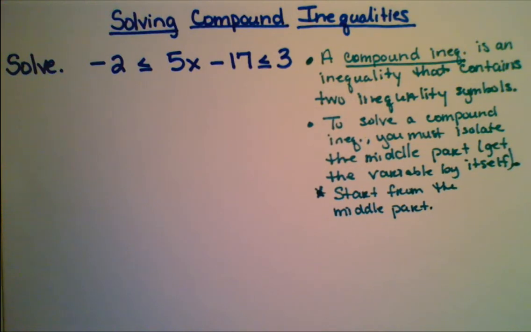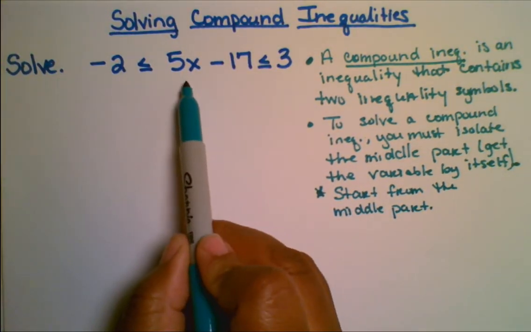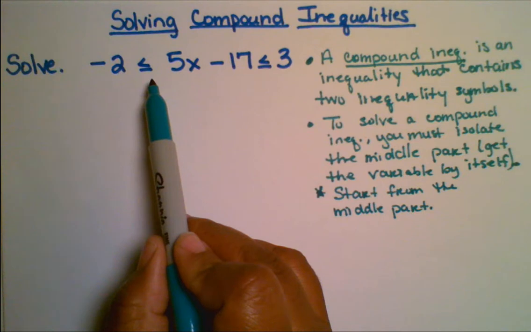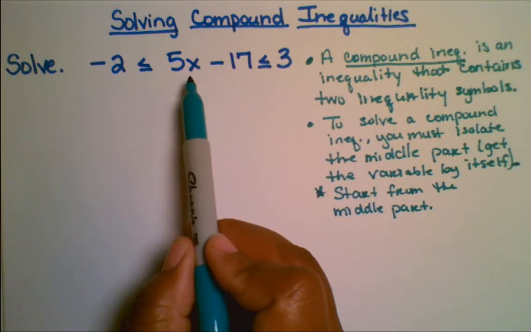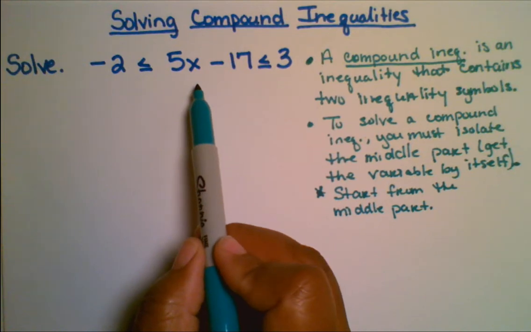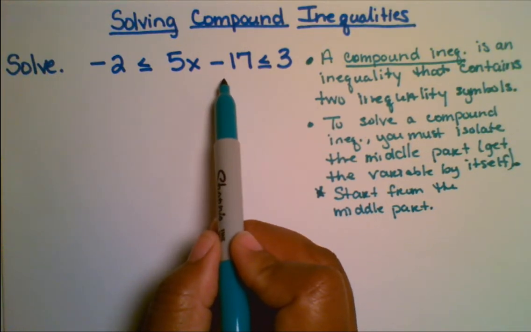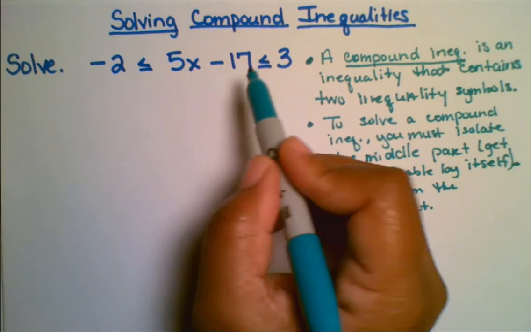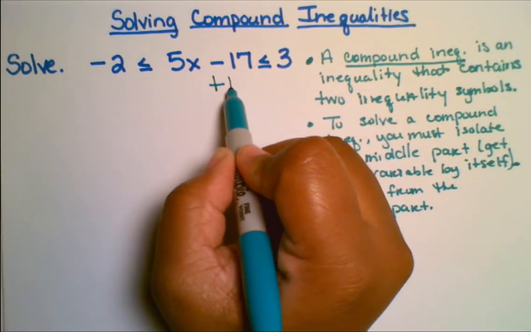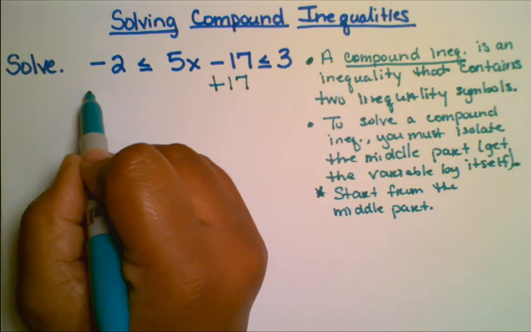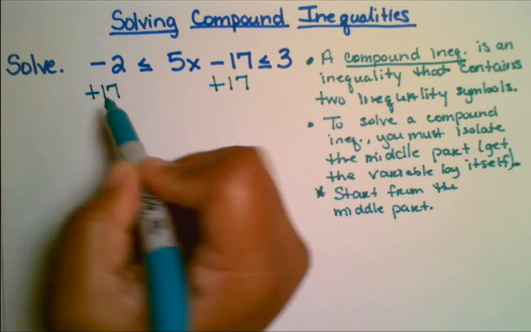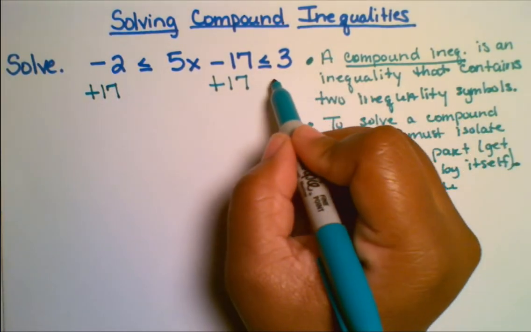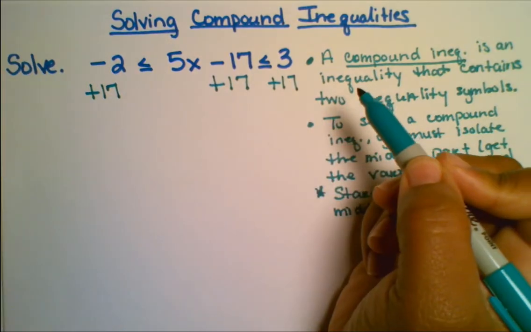Okay, so our x is in the middle, in between the two inequalities. Our goal is to get x by itself, and to do so, we want to move the minus 17. Well, to move the minus 17, we have to take the opposite. So we're going to add 17 in the middle. We're going to have to add 17 on the left side, as well as the right side.